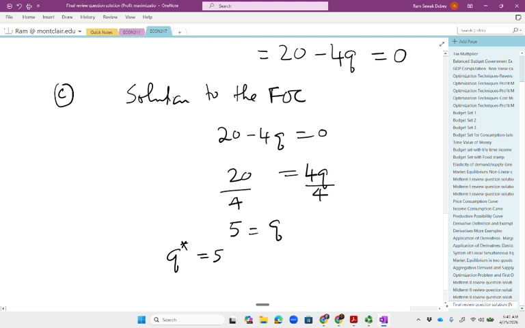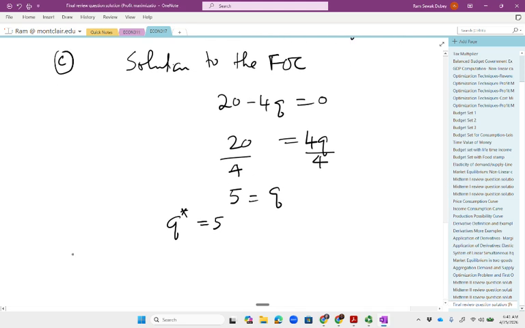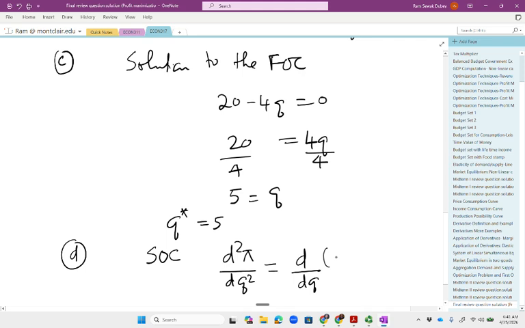Now I would also like to verify the second order condition to check whether the solution entails a maximum value for the objective function, or a minimum. So the second order condition is to take the second derivative of the profit function with respect to output, which is taking the derivative of the first order condition once more.